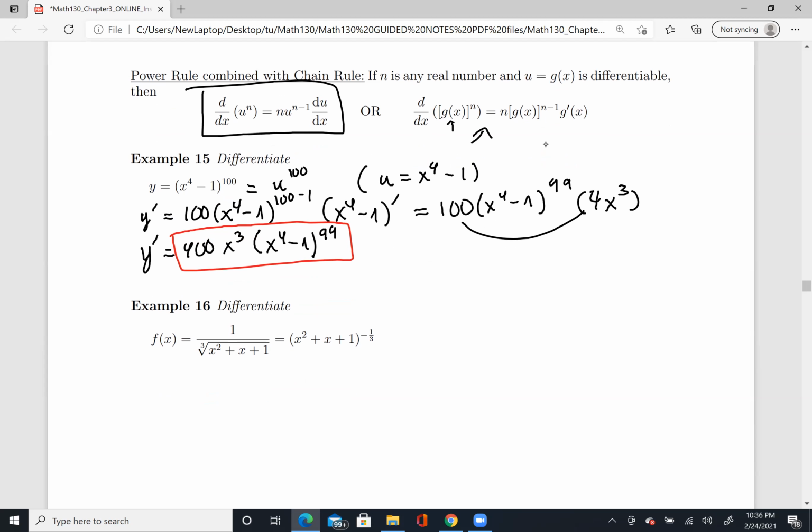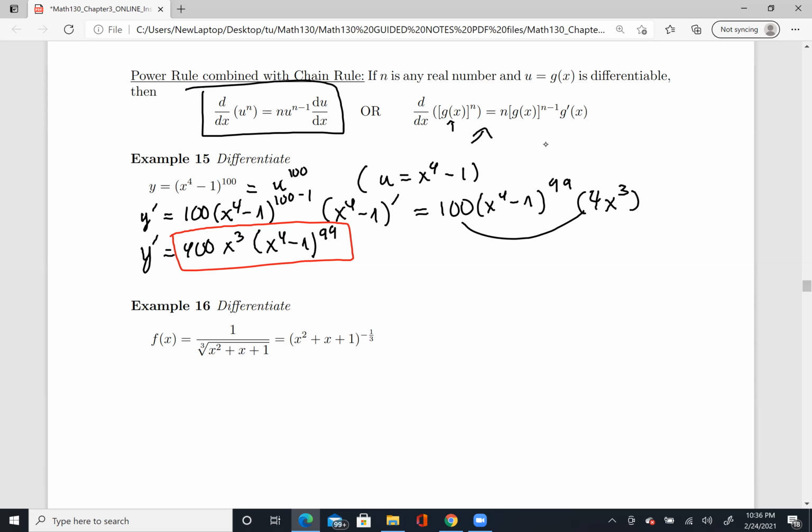Example 16. Let's try this one. You can see this is a rational function, and there is only a constant number 1 on the top. So right away, I convert it to a power form, an exponent form.